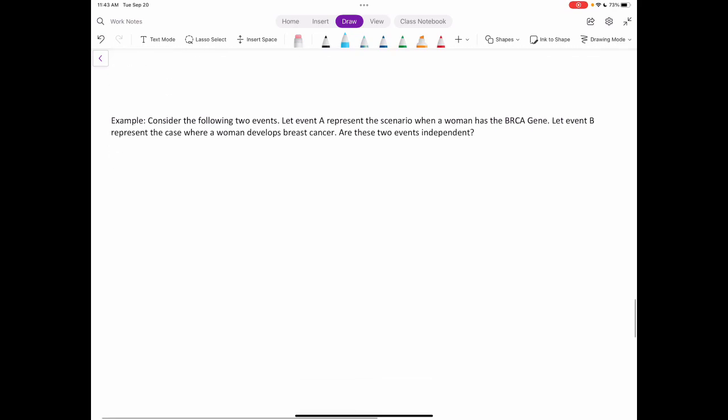So let's see here. For example, consider the following two events. Let event A represent the scenario when a woman has what's known as the BRCA gene. This is called the breast cancer gene. So A is when a woman has the BRCA gene. Okay, it's just a mutation of the gene. Let event B represent the case where a woman develops breast cancer. Well, our question is, are these events independent?